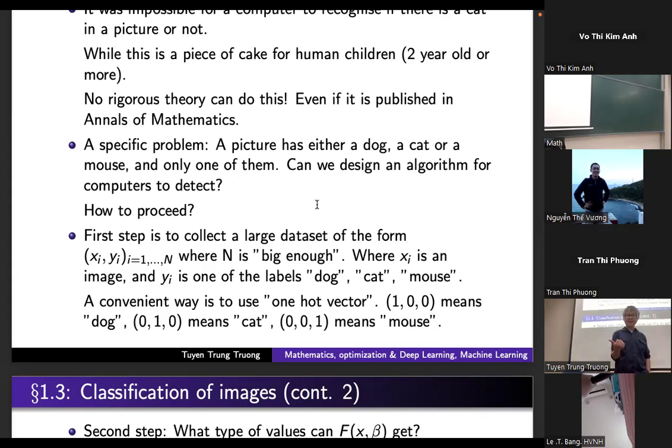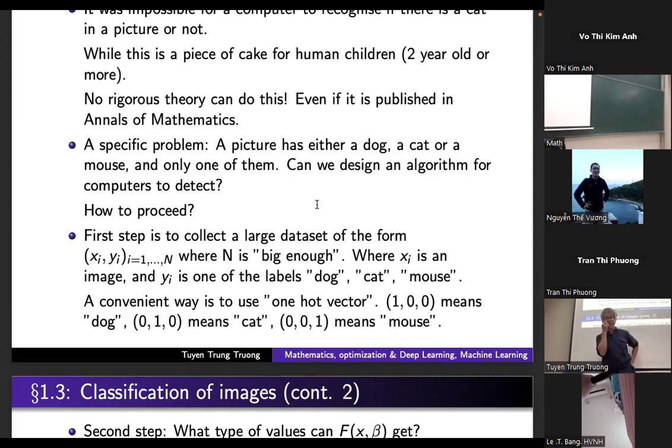The first thing is to represent the data x_i, y_i. One thing you can do is use a one-hot vector. Here you have 3 categories: dog, cat, and mouse. So you can use a vector with 3 coordinates: the first coordinate represents the dog, the second represents the cat, the third represents the mouse.